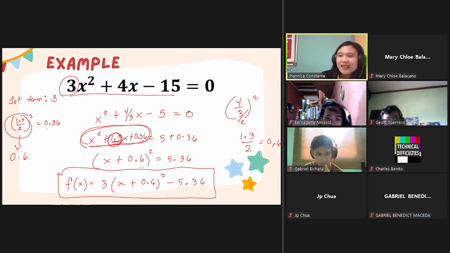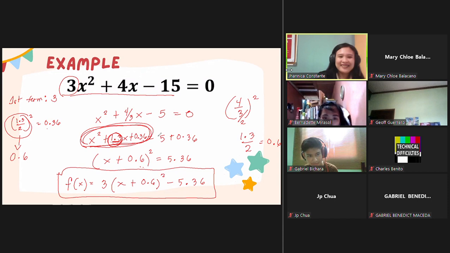Okay? That is the factor of your equation. And to know what you are going to add to both sides, you square the half. So 0.6 times 0.6 is 0.36. Okay na?